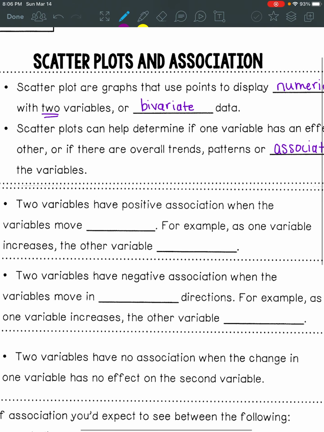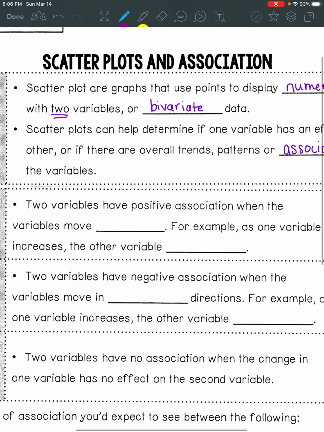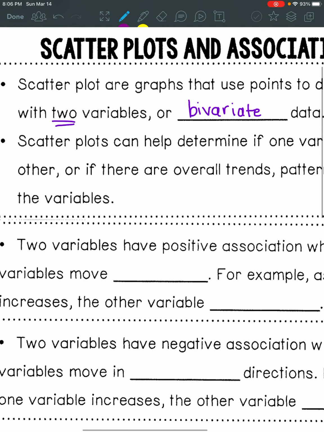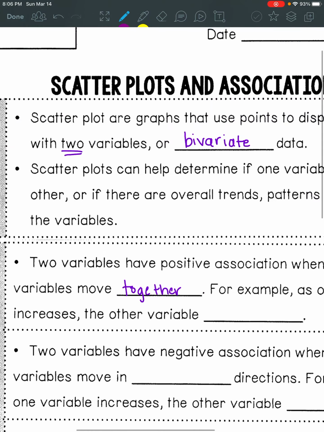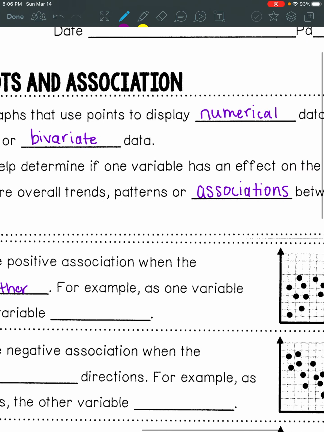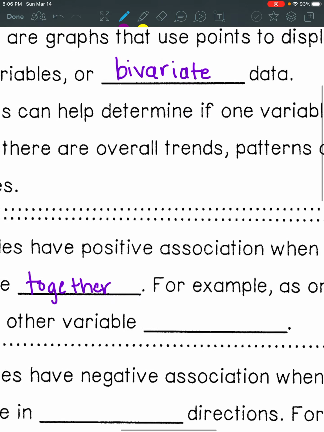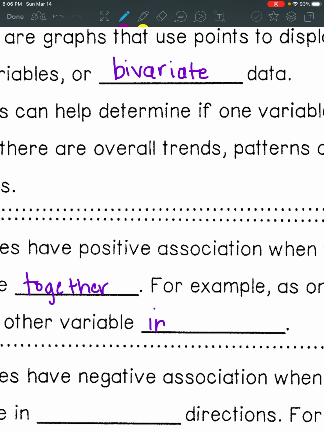So positive association means two variables have positive association when they both move together. And what that means is that both of them have to go in the same direction. For example, as one variable increases, then the other variable also has to increase.